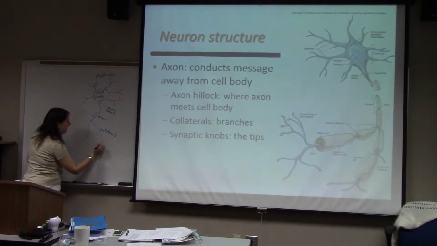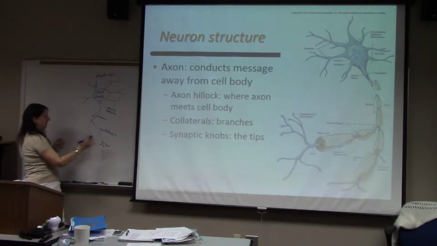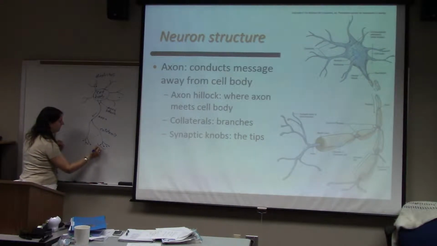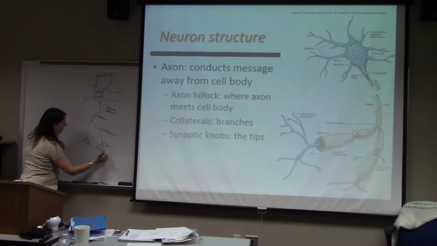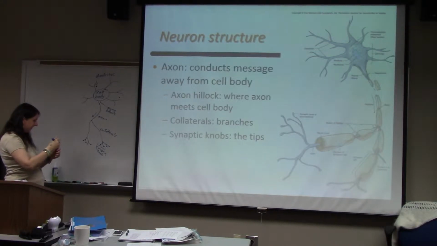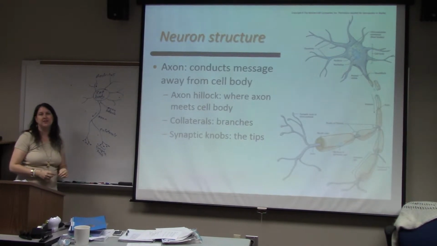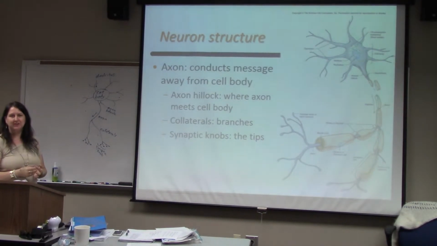And then at the tips, which is usually going to be multiples, it spreads out into a little ball called a synaptic knob. Now, there are a lot of different names out there for these little bulges, depending on which textbook you're looking at.